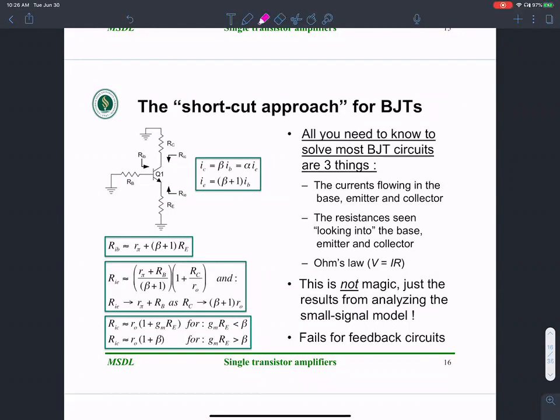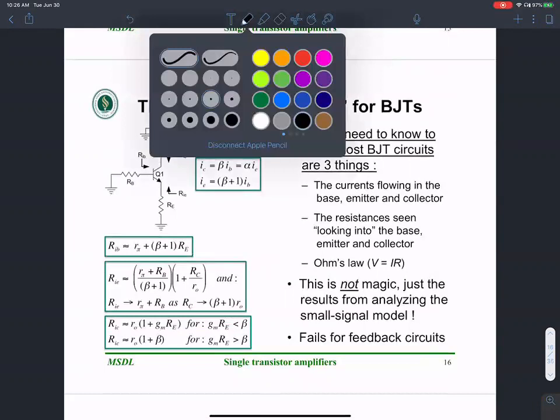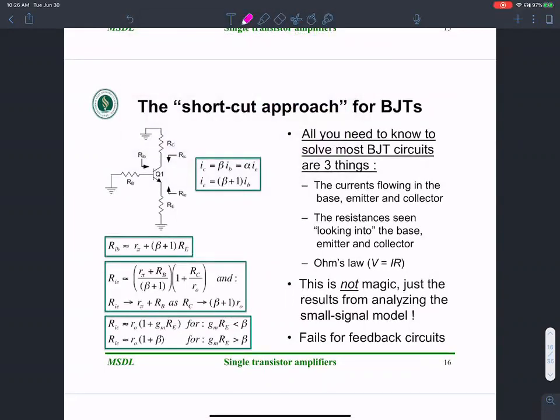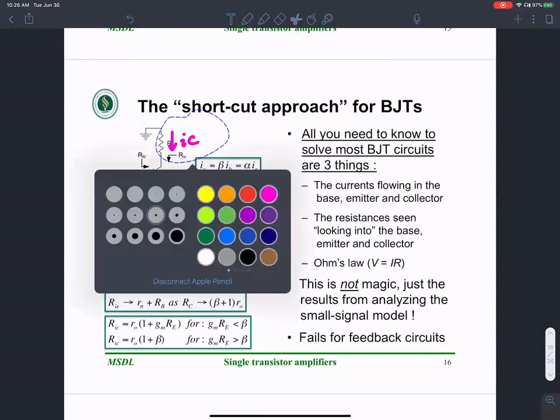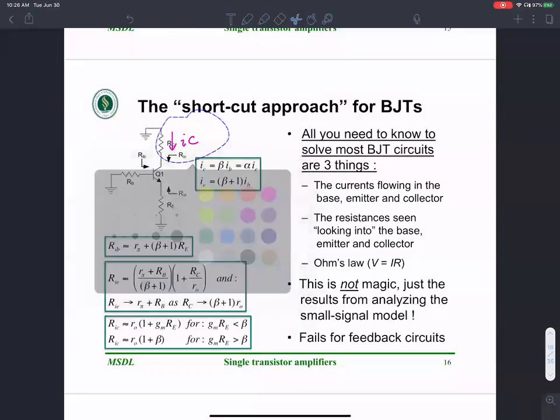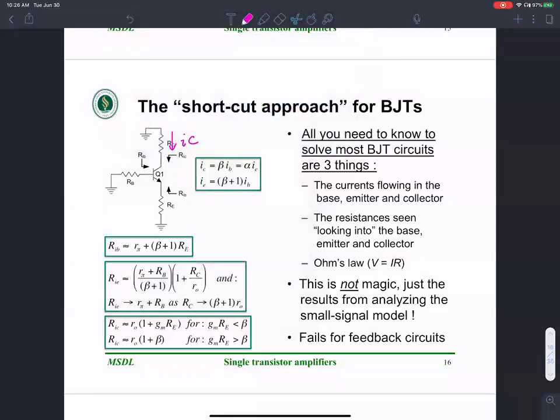Okay, so the idea is this: you want to know the expressions for the small signal currents IC, IE, and of course IB. So you have the expressions for those. IC is beta times IB, IE is beta plus 1 times IB.